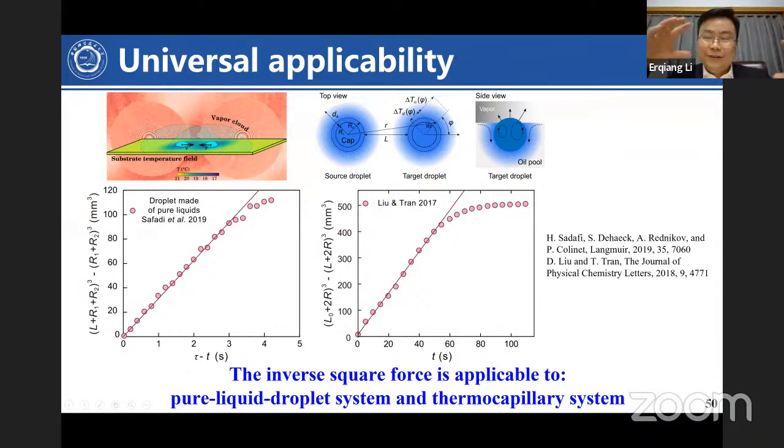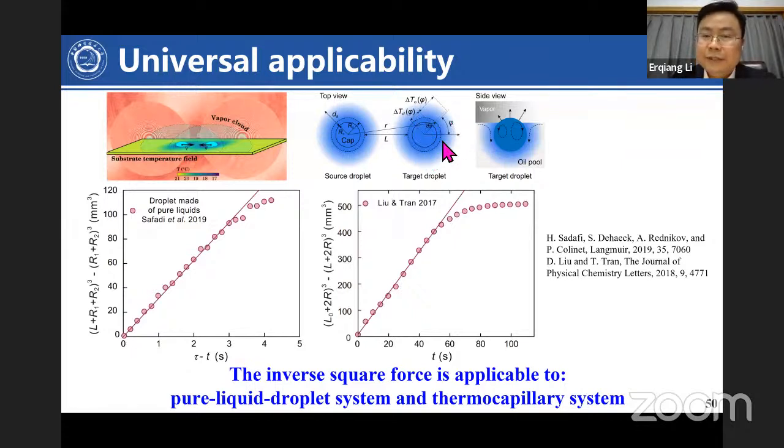For the other droplet to sense the change, it is like how much you blocked, an area at the projection of this thing. Basically that is the idea for all the inverse square forces. So I think that is principally the same, but these are two different problems.